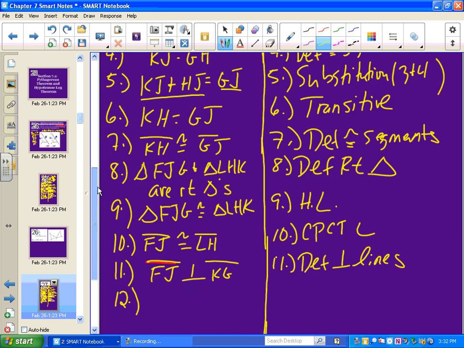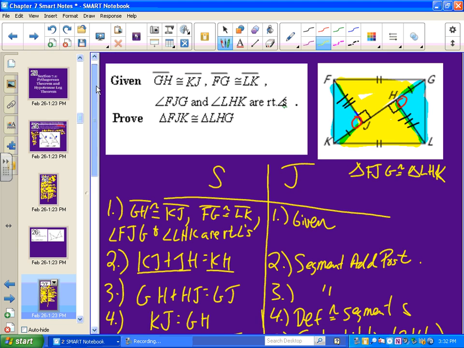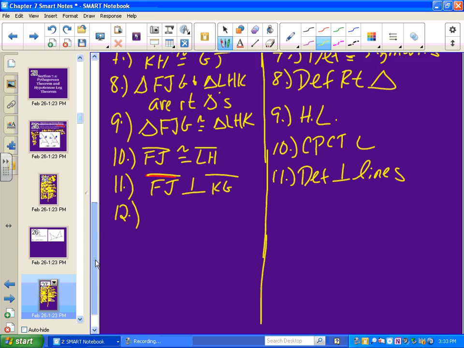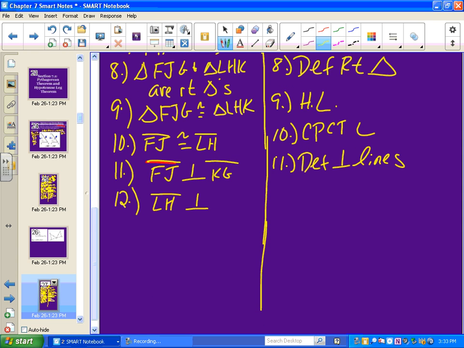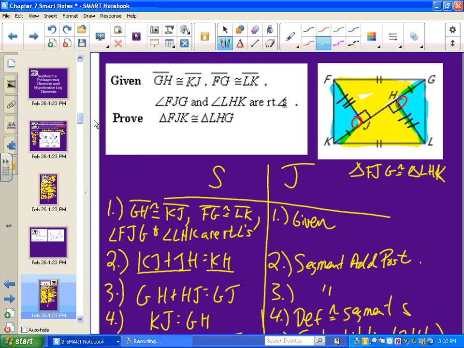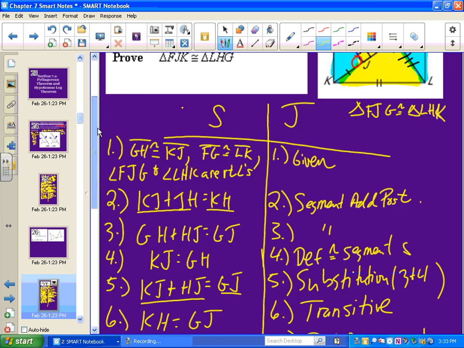And we know that LH is perpendicular to KG. Same justification. Now that those are perpendicular, we know that this angle, angle FJK, is going to be a right angle. Because if FJ is perpendicular with KG, then the definition of perpendicular lines, once again, tells me I have a right angle. So angle FJK is a right angle.